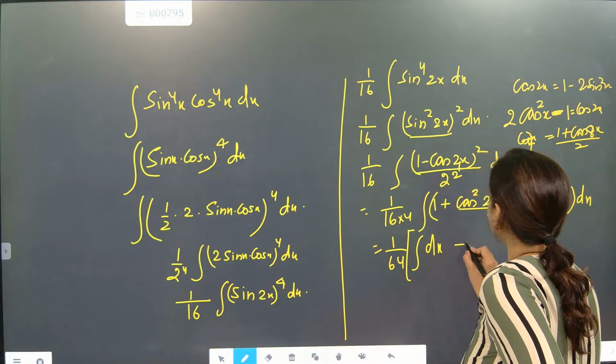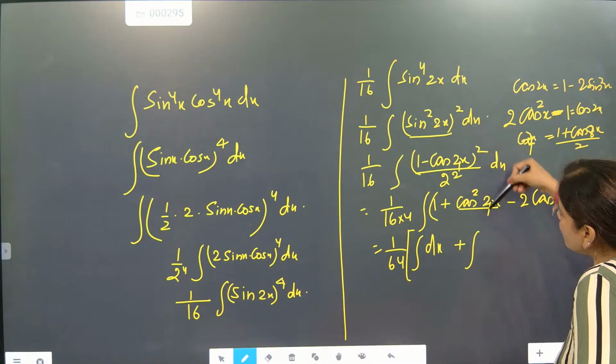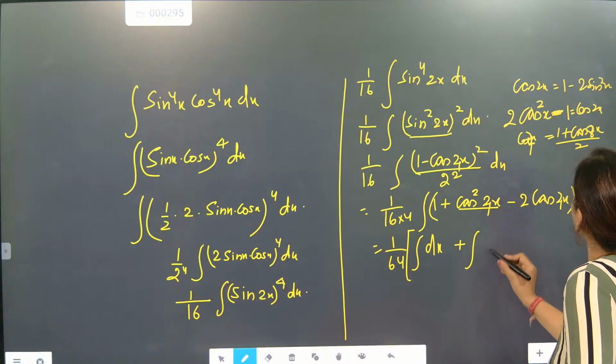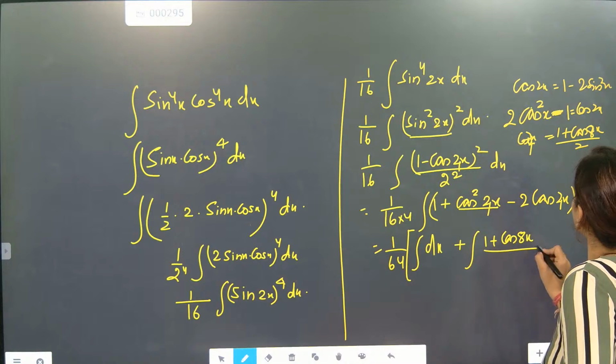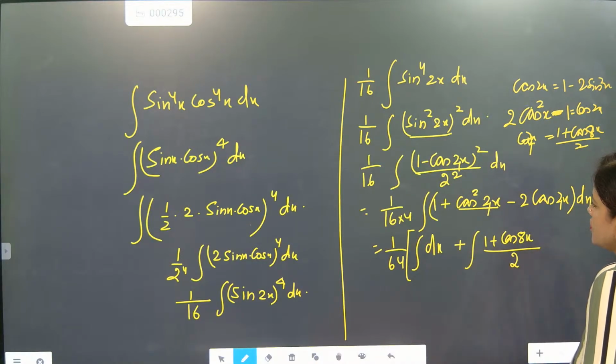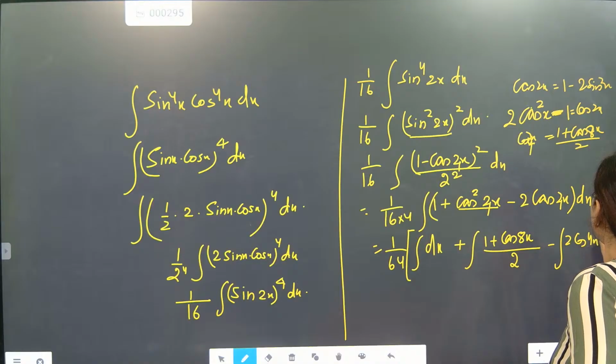Do this question very carefully, otherwise a little bit I did is 2 double will become 4, 4 double will become 8. So it will become 1 plus cos 8x. Understood? And again 2 will come, minus 2 cos 4x dx.